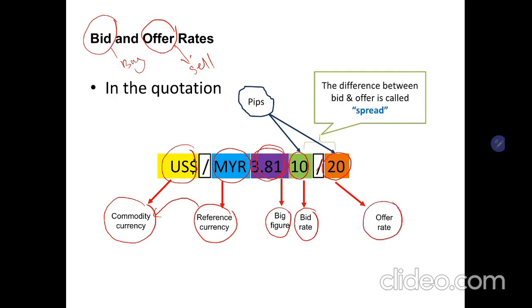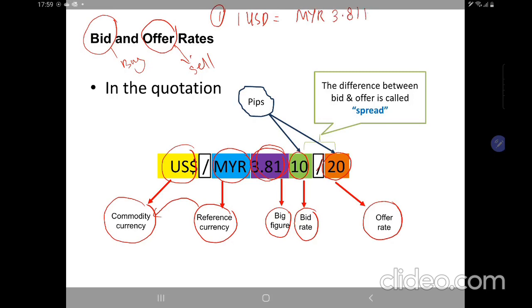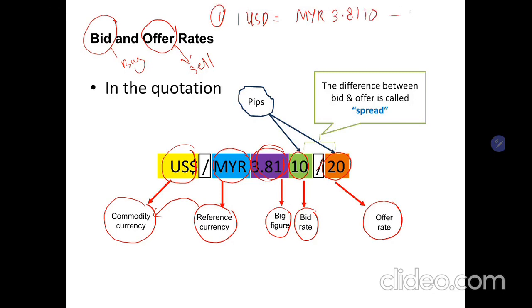So here we can interpret this quotation. First, 1 USD is equivalent to MYR 3.8110. This is the bid rate.